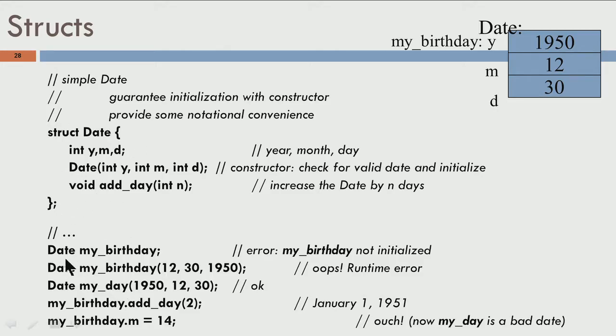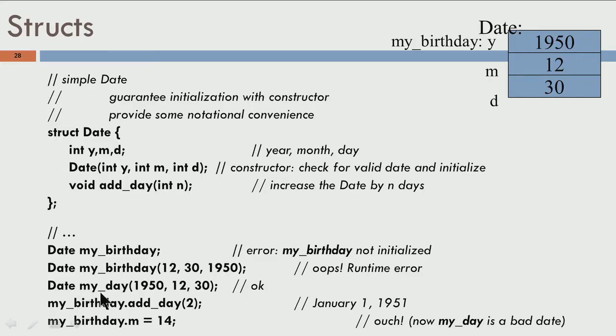So, the moment you do this, if you do date my birthday, this would be incorrect because it is not initialized. If you do date my birthday of 12, 30, 1950, the year is 12, the month is 30 and day is 1950. Add day can be written in such a way that this can be recognized as an error and indicated.